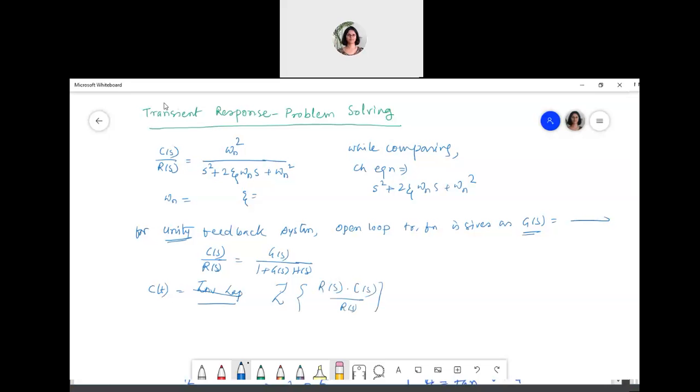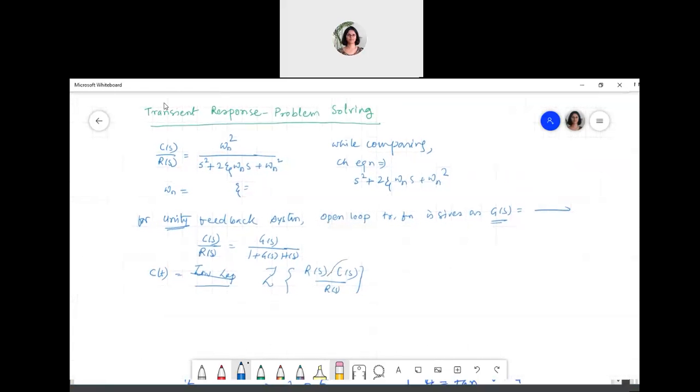Whatever transfer function is given, or whatever we calculate from G of s, we take that transfer function, multiply it by R of s, and then take the inverse Laplace transform. So C of t is equal to Laplace inverse of R of s into G of s divided by 1 plus G of s H of s. From this, I'll be able to obtain the output response.